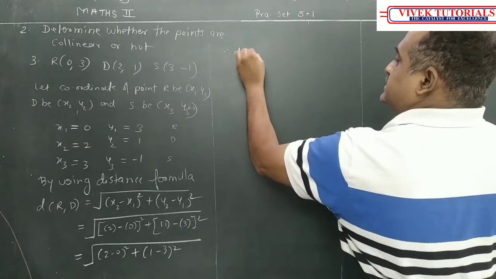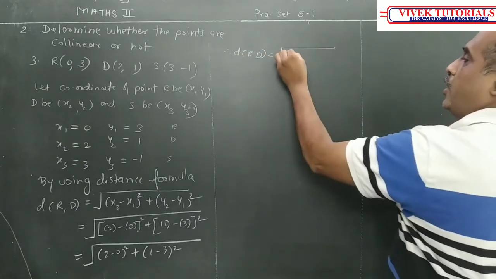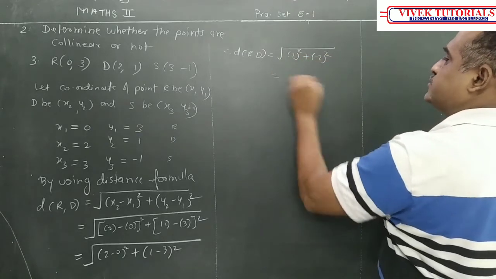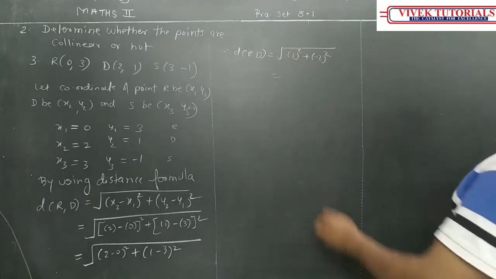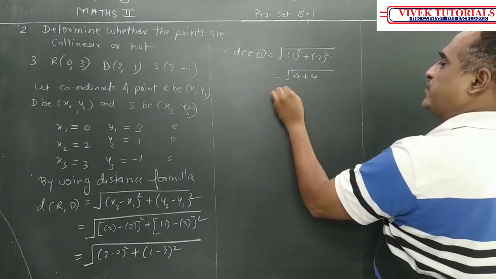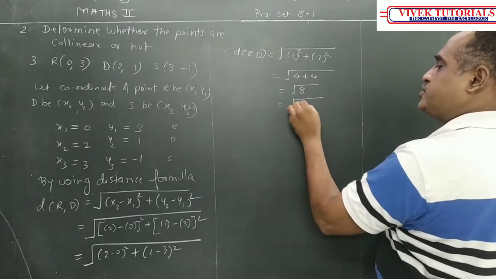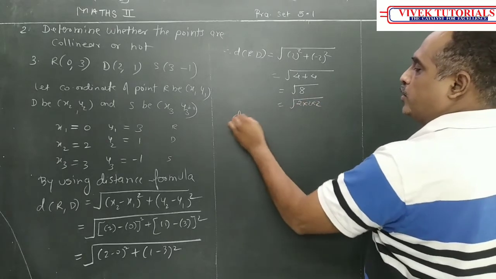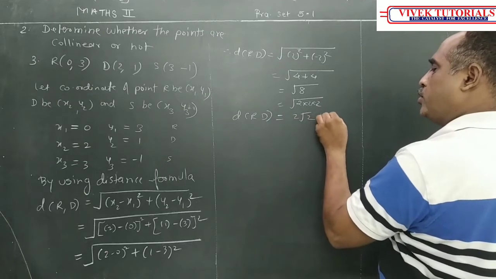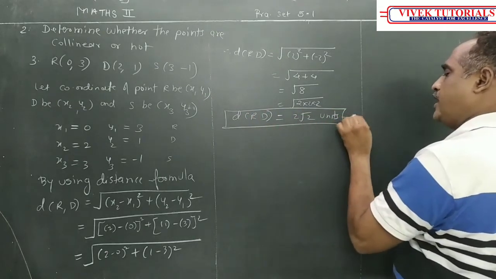Therefore, distance RD is equal to the square root of 2 square plus (-2) square. So, we are getting the square root of 4 plus 4, that is the square root of 8. 8 means 2 into 2 into 2. So distance RD is equal to 2 root 2 units. That we are going to put as equation 1.